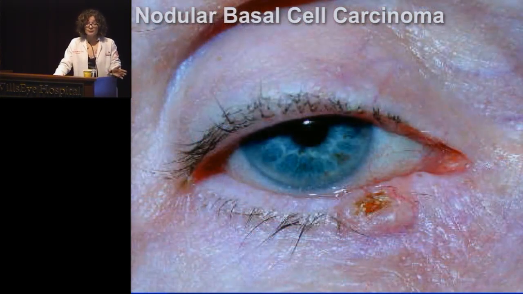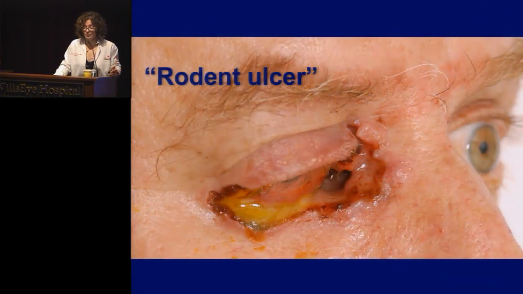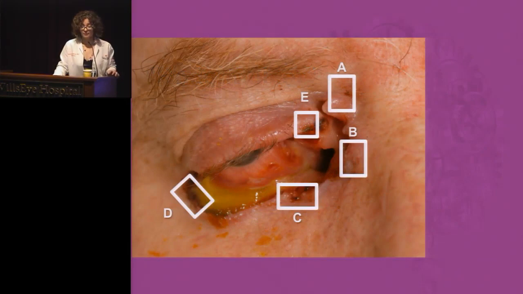So nodular basal cell carcinomas, and you guys are all familiar with their management, can be excised relatively easily with surgical or frozen section control of margins. Okay, so that's an example of characteristic pentagonal resection. This one is much more problematic, right? So this patient presented with this characteristic rodent ulcer. All of you would be thinking here of basal cell carcinoma, right? And in this setting, usually patients have an extensive social history that precludes them from getting timely care.